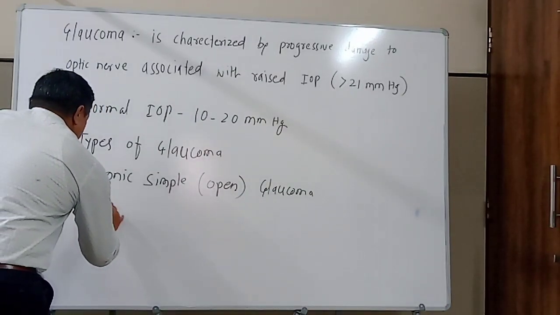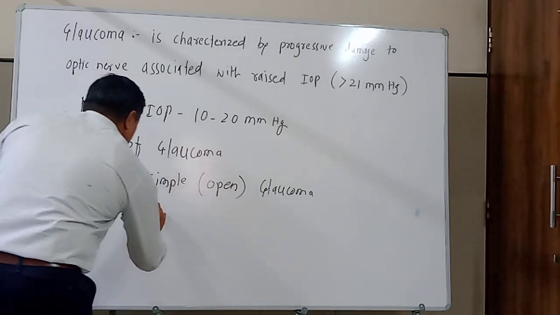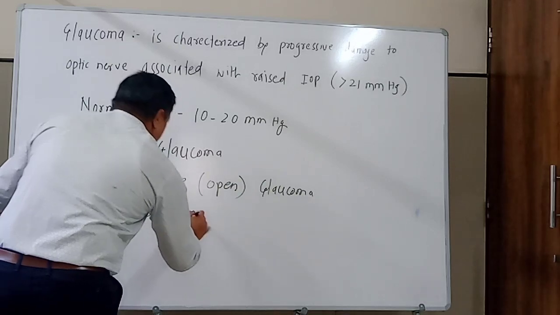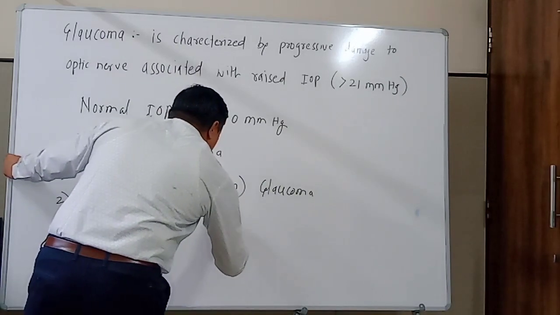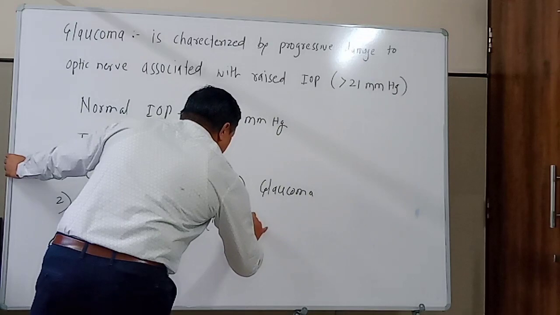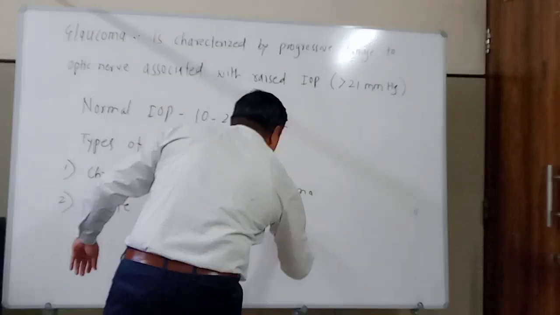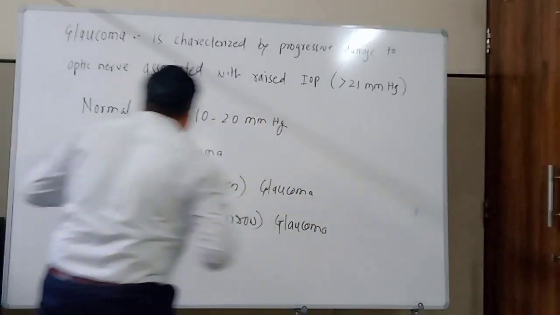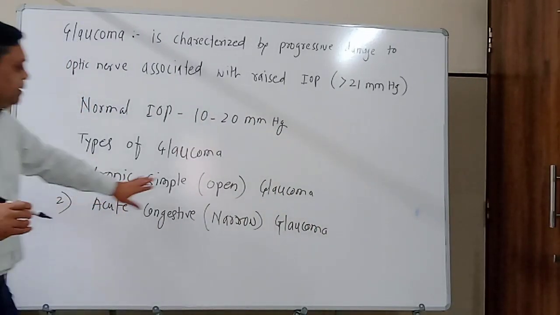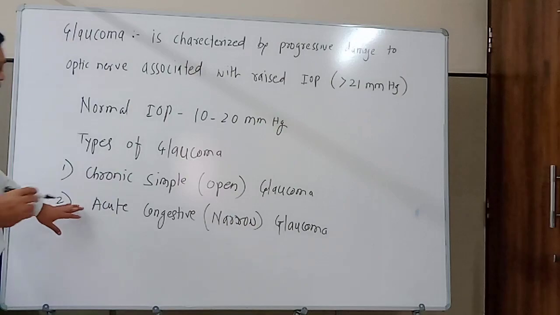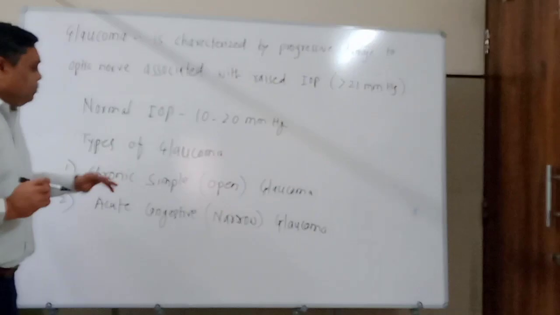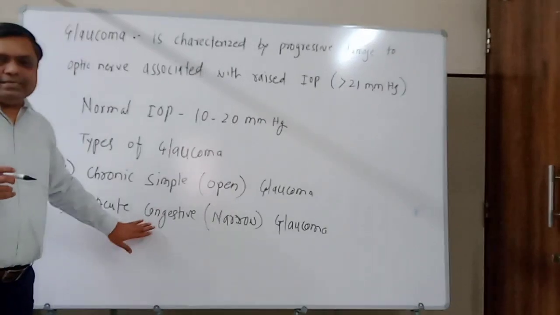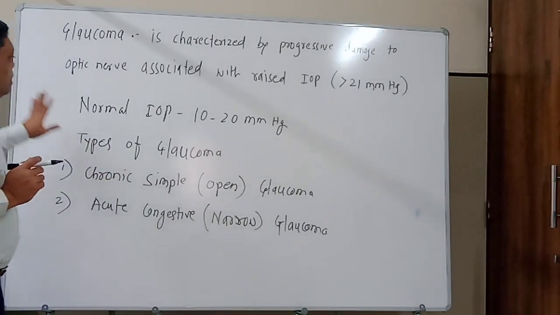Second is acute congestive or narrow angle glaucoma. There are two types: chronic simple or open angle glaucoma, and acute congestive narrow angle glaucoma. Acute congestive narrow angle glaucoma is a medical emergency.